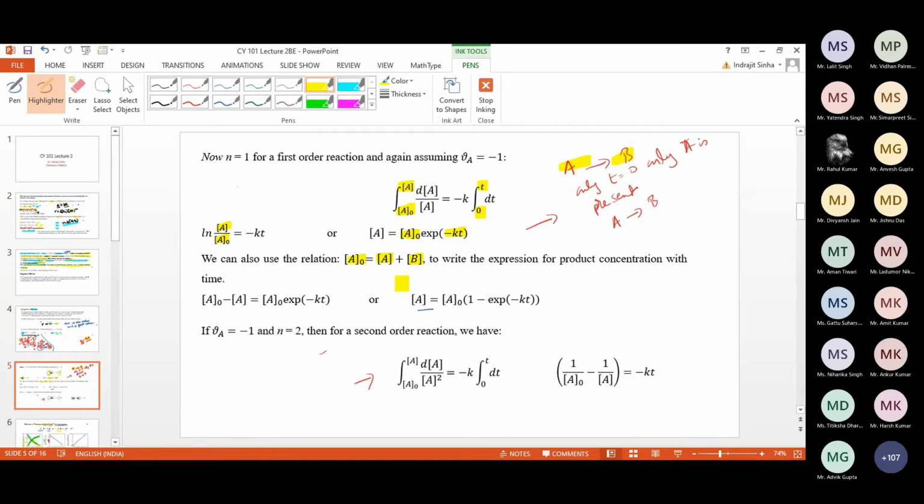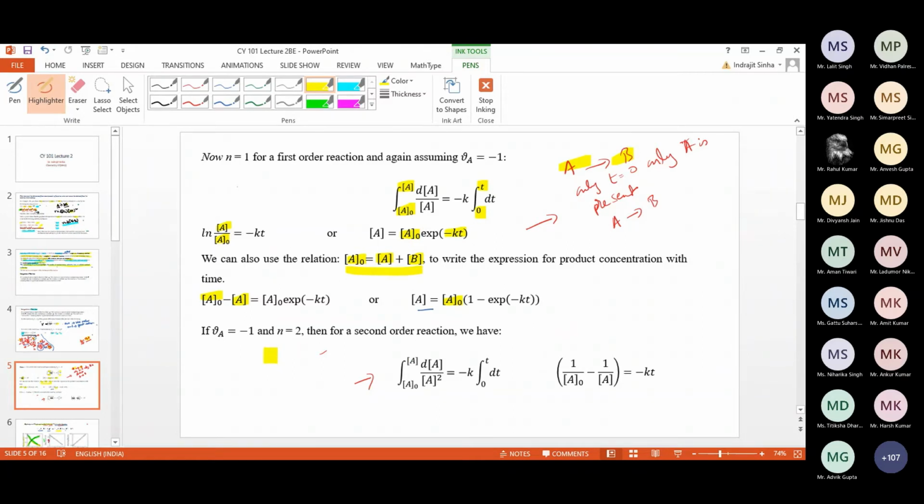So at any time T, it will always follow this mass balance equation. So you can plug in this A0 minus A, and you can get this expression, right? So this is another expression if you want to talk in terms of B, all right?